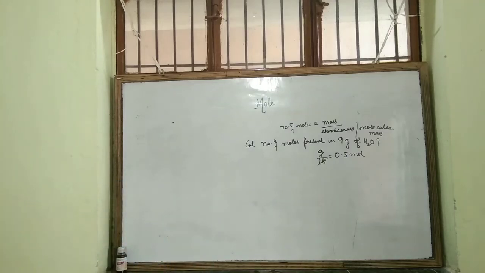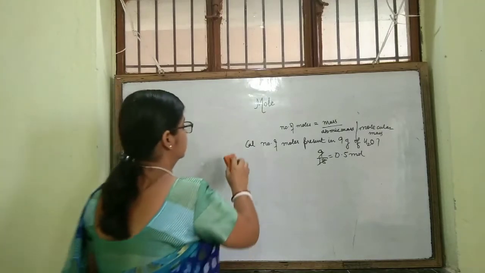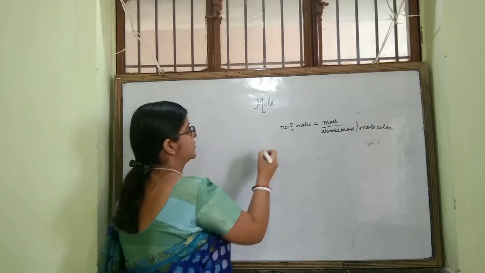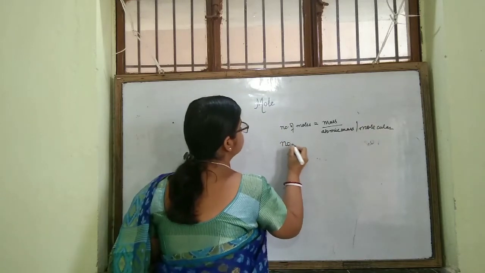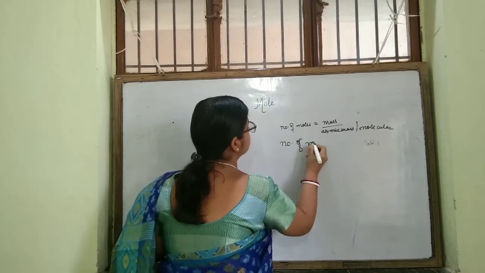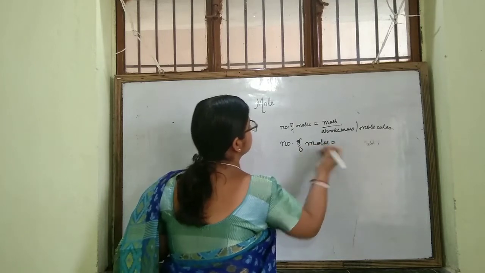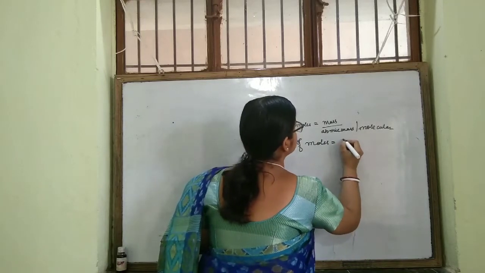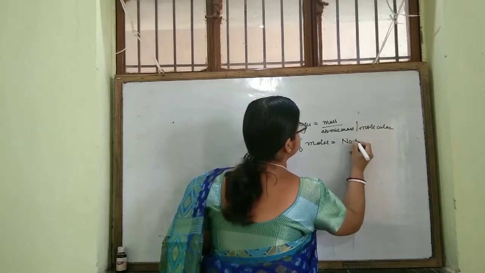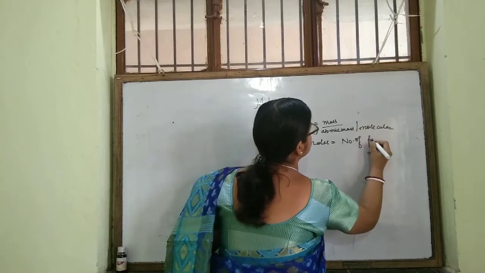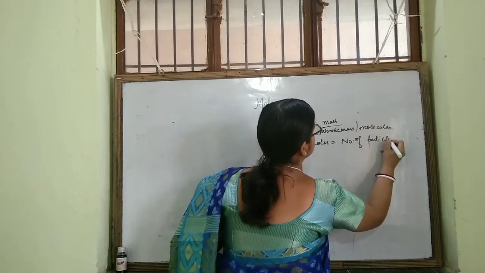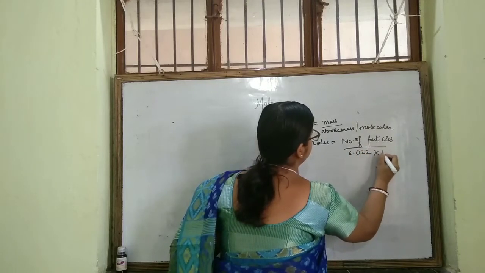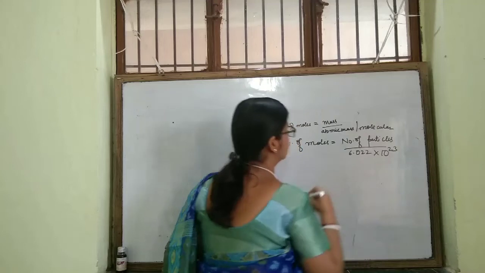Okay. Now, in terms of number, number of moles is equal to number of particles by 6.022 into 10 to the power 23.